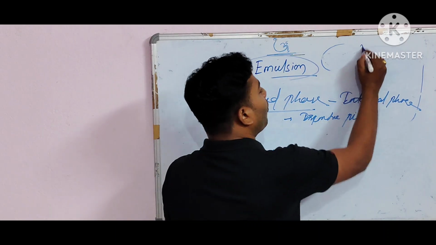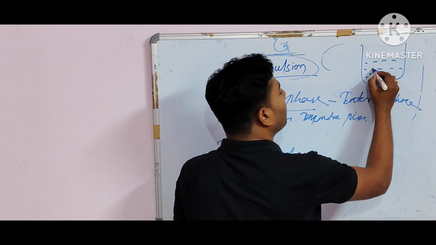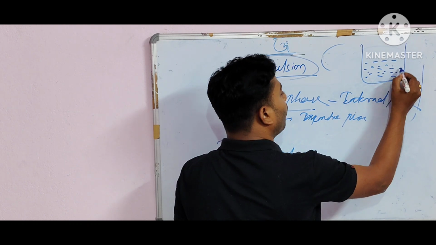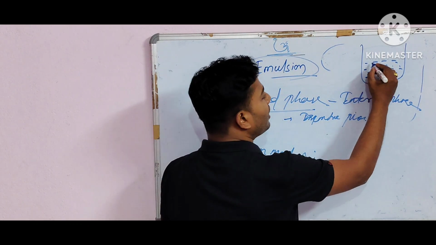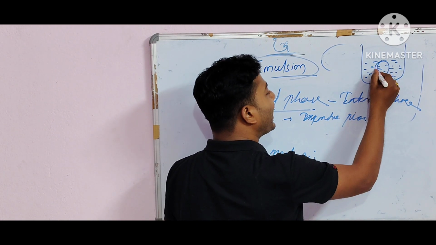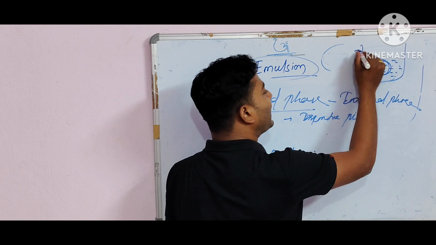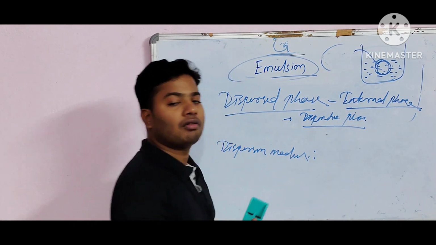Because suppose this one is the emulsion. In this emulsion, the dispersed phase is present in the middle part, the medium part. That's why it is an internal phase, and it is a discontinuous phase.